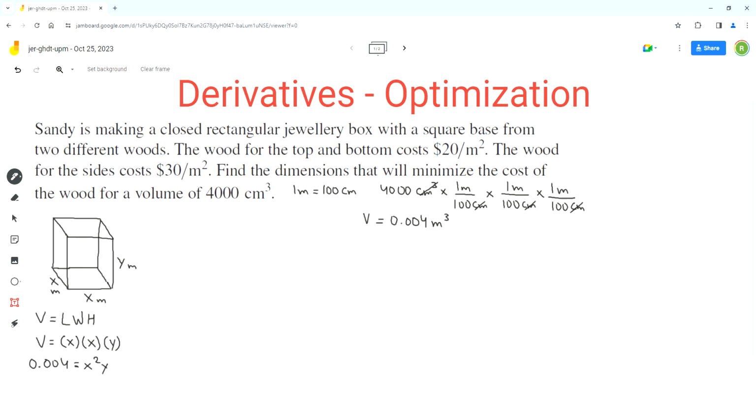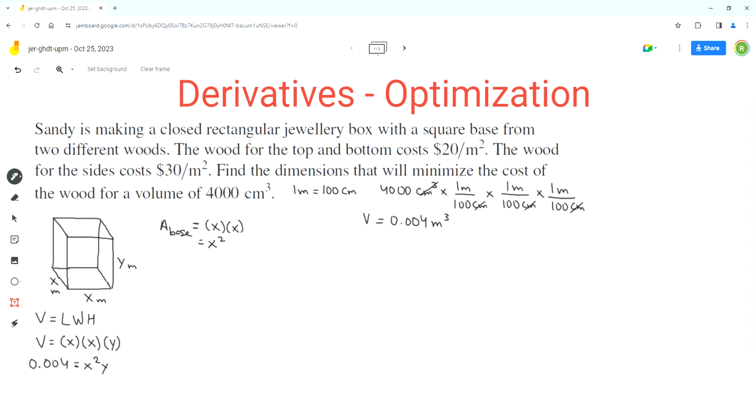We have to find the dimensions that will minimize the cost of the wood for the whole box, not just one of the sides. So let's start with the base. The area of the base will be length times width, because it's a square, so it will just be x times x, x squared.